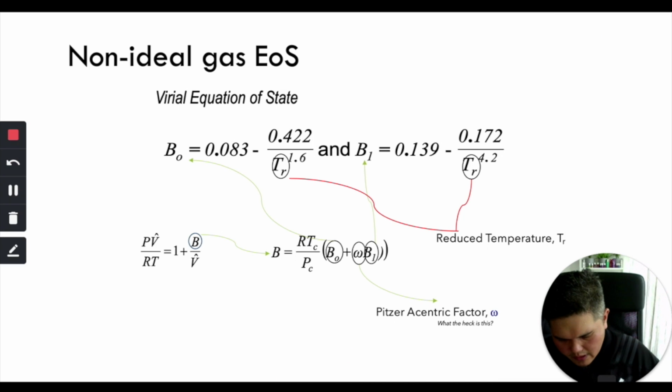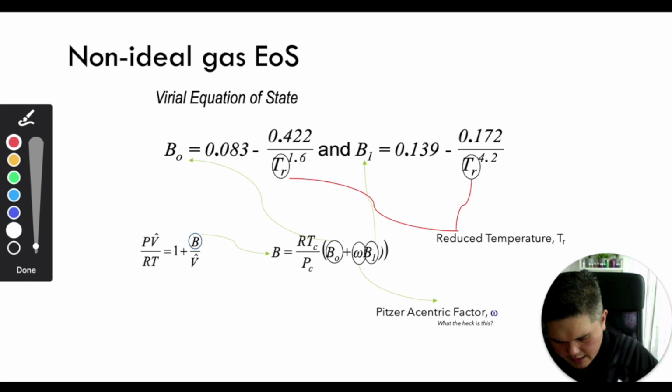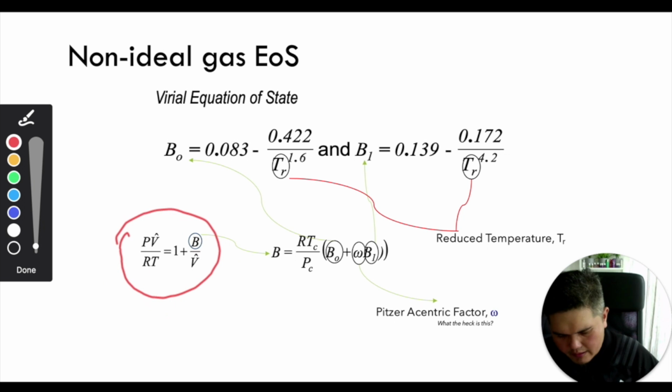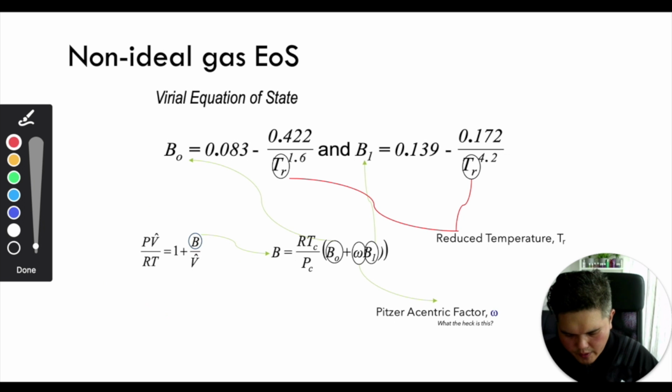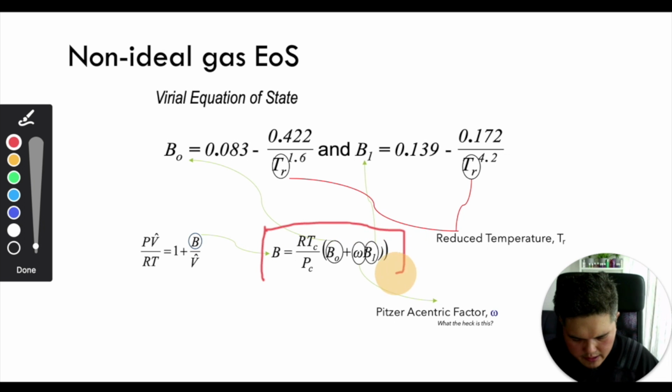PV over RT equals to 1 plus B over V. So this is actually the truncated virial equation of state. Why is it truncated? Because it's only stopped at B, right? And then after that, you have the expression for B. So B is given as RTC over PC, B0 plus omega times B1. So this is one of the equation.